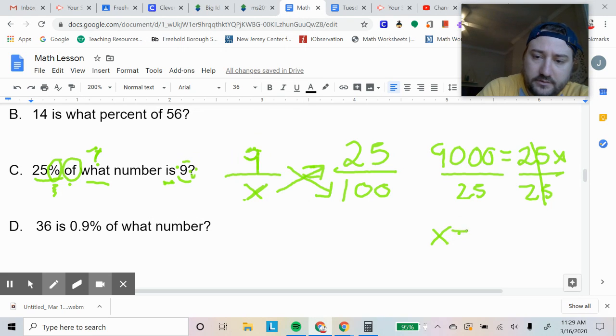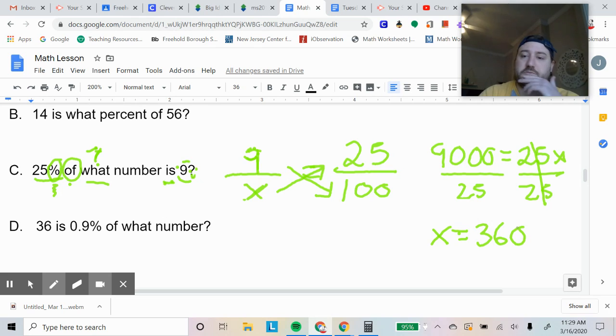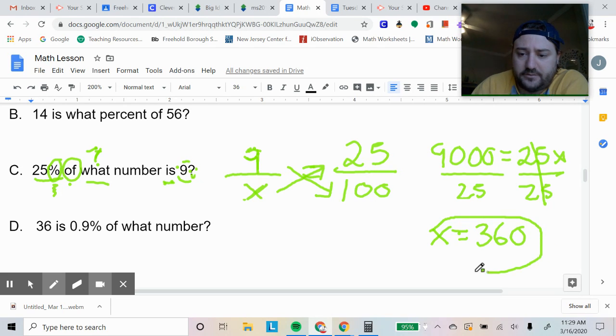So x is equal to 360. And that's it. It's not a percent because if you notice, the 360 goes on the bottom. Only percents go above the 100. So that's why we didn't put the percent sign with our answer. So that's our answer right there.